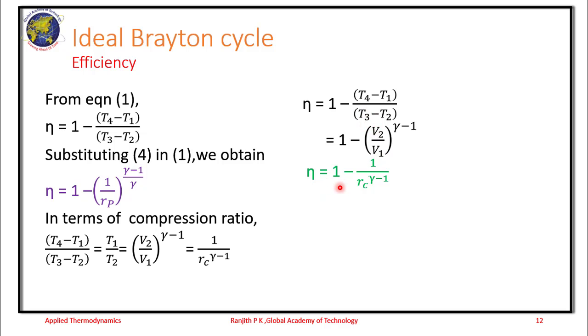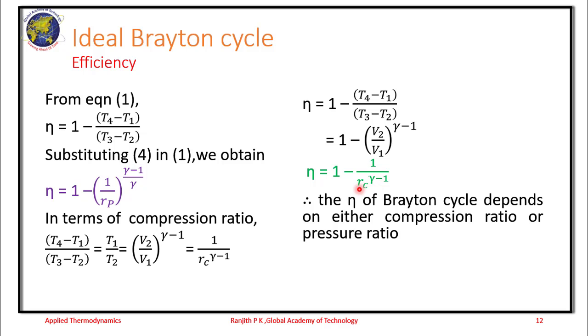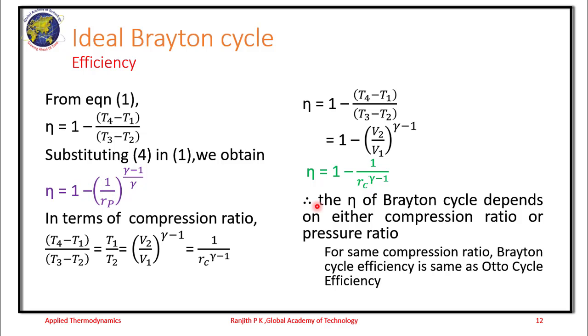So the efficiency for the Brayton cycle is also written in terms of compression ratio as 1 minus 1 by Rc power (gamma minus 1), which is the same as the Otto cycle efficiency. So the efficiency of the Brayton cycle depends on either the compression ratio or the pressure ratio.